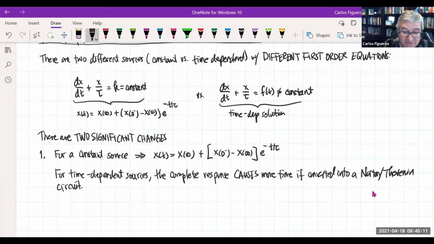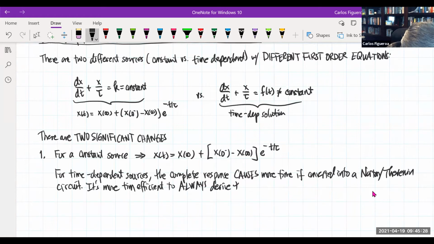My experience is that it's more time efficient to always derive the first order equation, not the circuit.